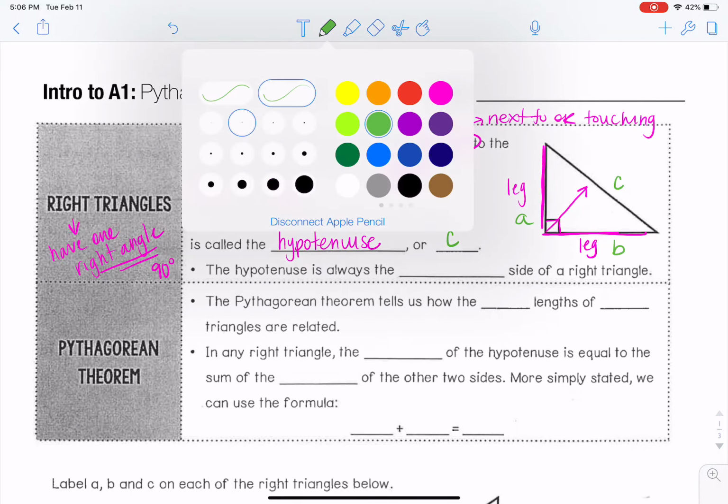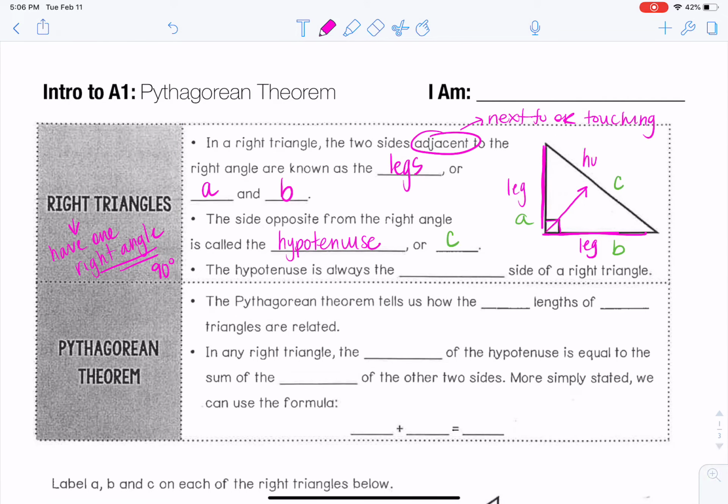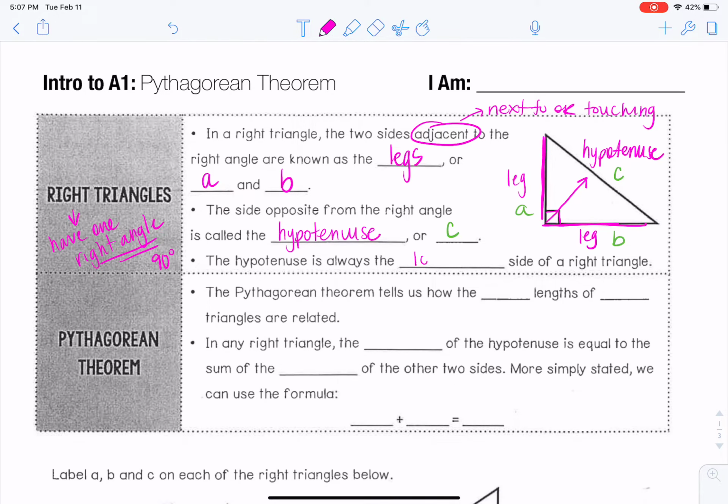So here's C, and this is my hypotenuse. I have a leg and a leg, which are the sides attached to the right angle, and the hypotenuse. The hypotenuse is always the longest side of a right triangle, the side that measures the longest.